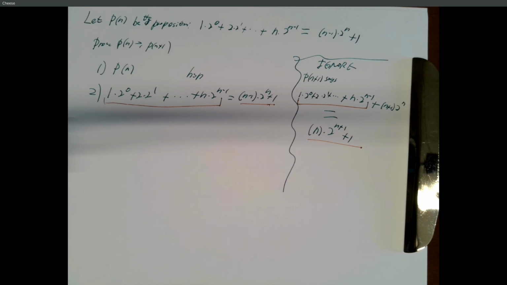Cancel out. Are we doing more? We're on the edge of understanding the math. We're taking some number, and that number is 2 to the n. That was just a start. We're saying it's less than.